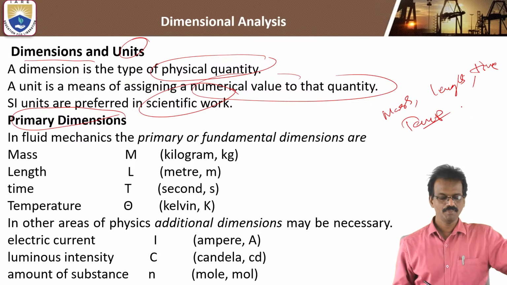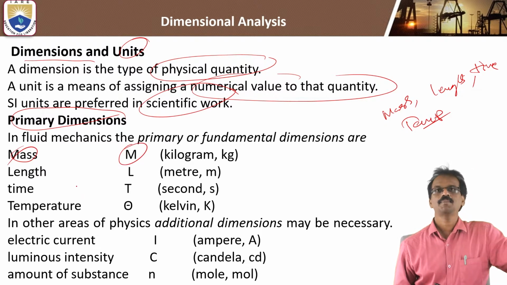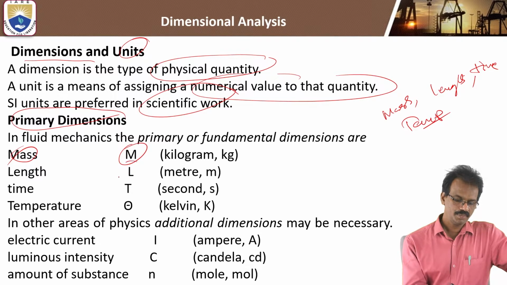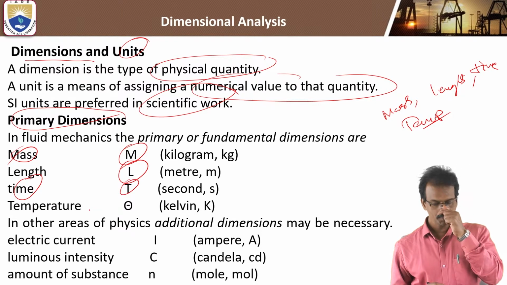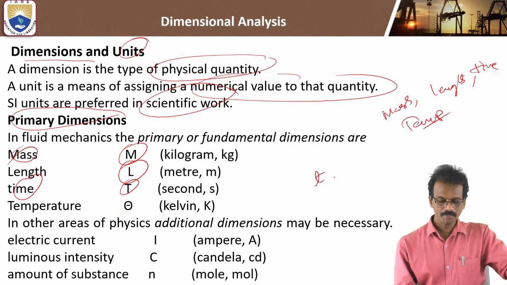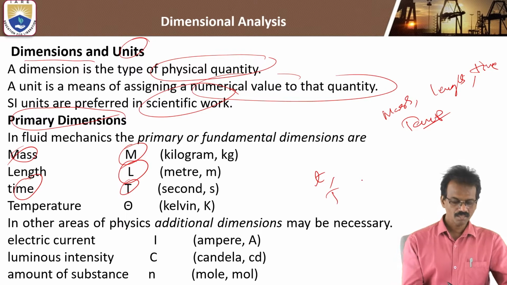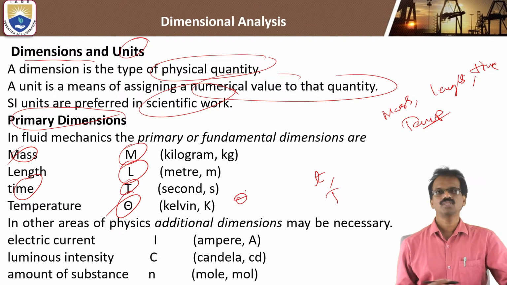Mass is represented by capital M, length by capital L, and time by capital T. In some textbooks time is also represented by small t, and temperature is represented by theta.